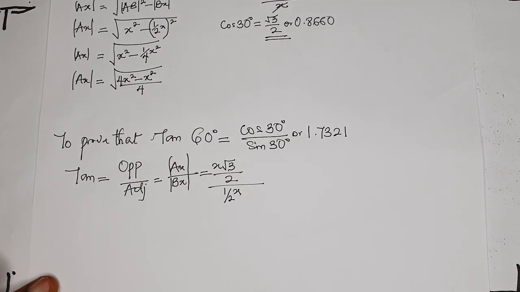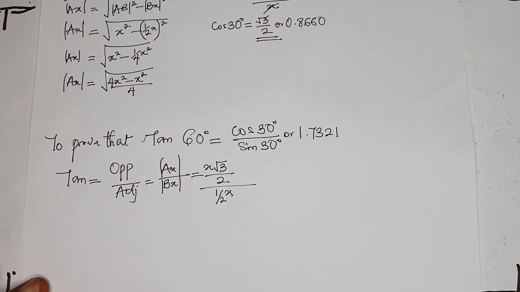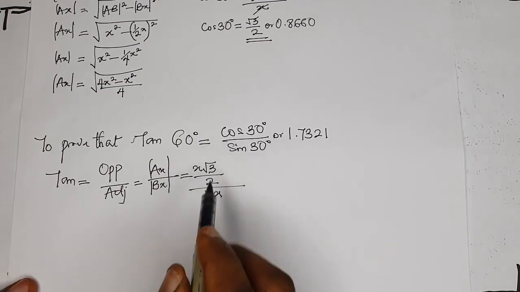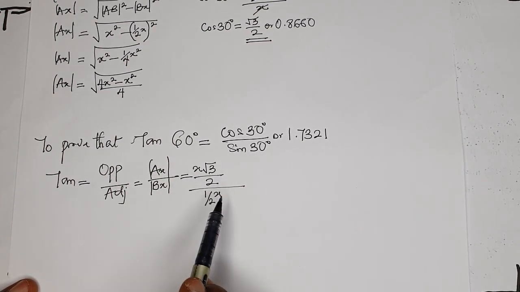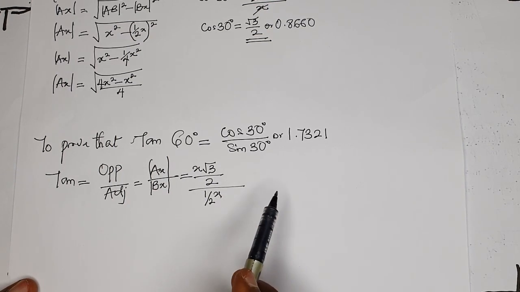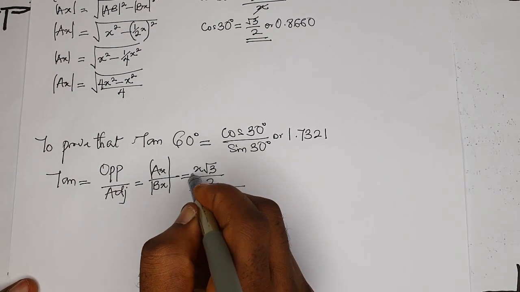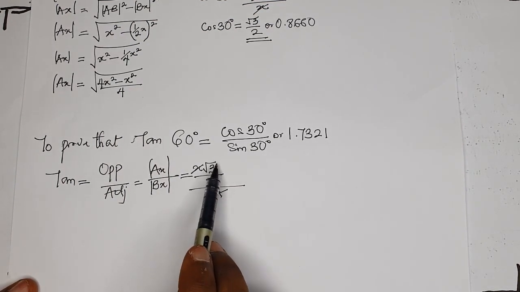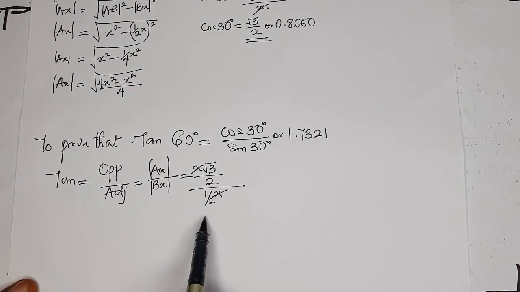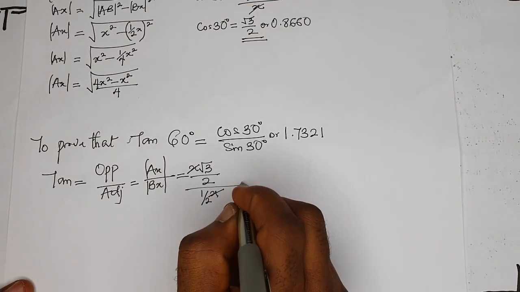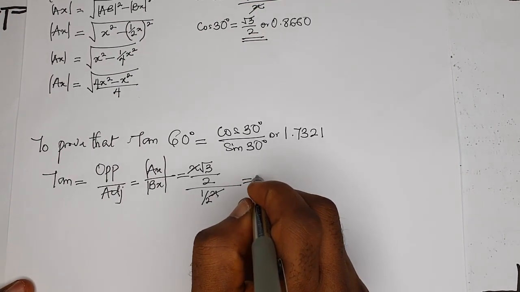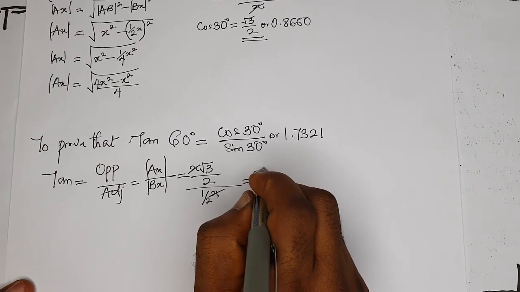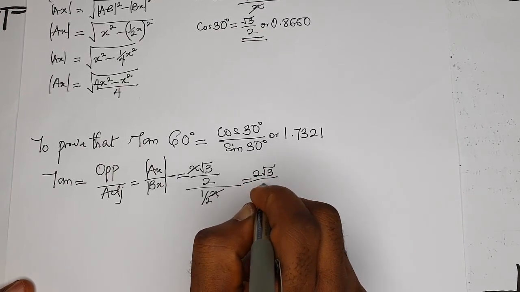Now this is what we want to simplify. Now look up and find out something. There is x on the numerator, there is x on the denominator. We can cancel them out as well. So if I cancel out the x on the numerator and the x on the denominator, I am left with root 3 all over 2 divided by half. If I solve this fractionally, this is going to be the same thing as 2 root 3 divided by 2.